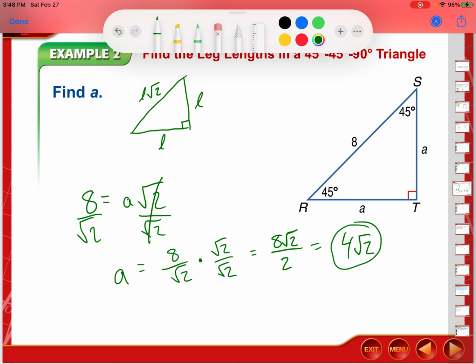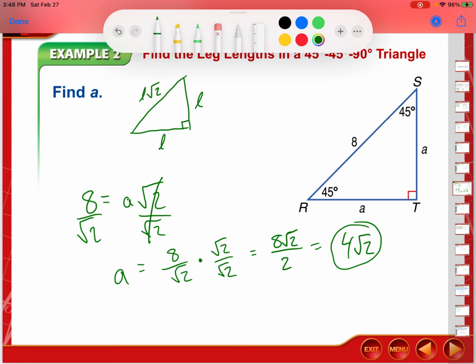Now, the good news is, if our hypotenuse is something like 5 root 2, well then we know A is going to just be 5. So it's only an issue when our hypotenuse is this whole number.